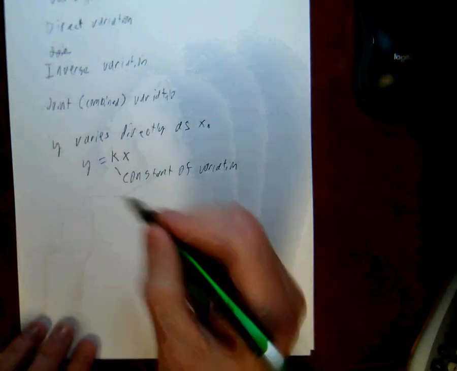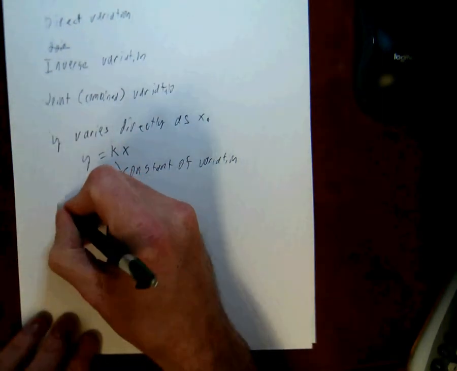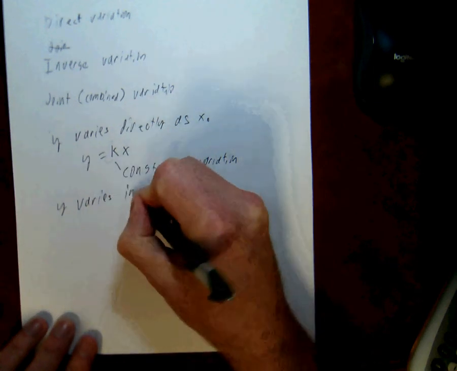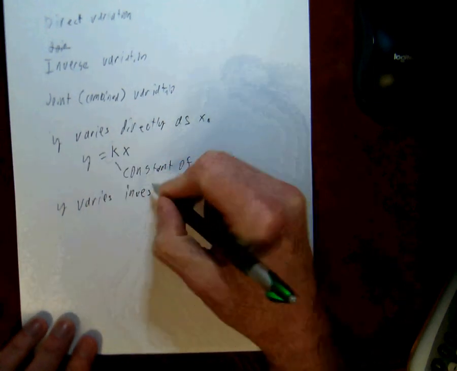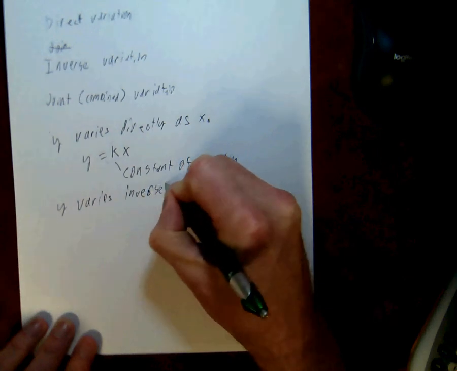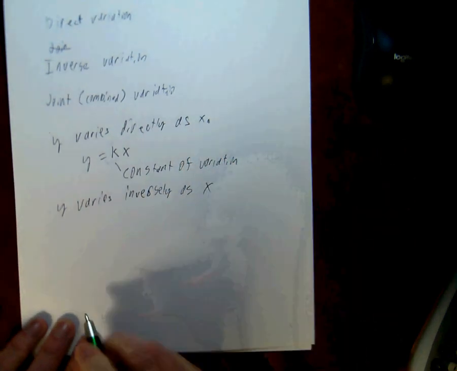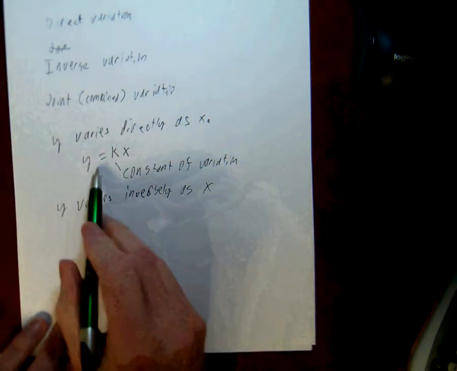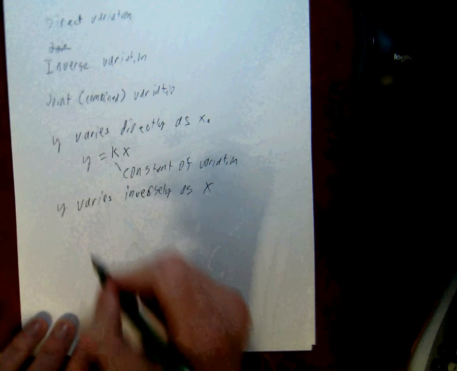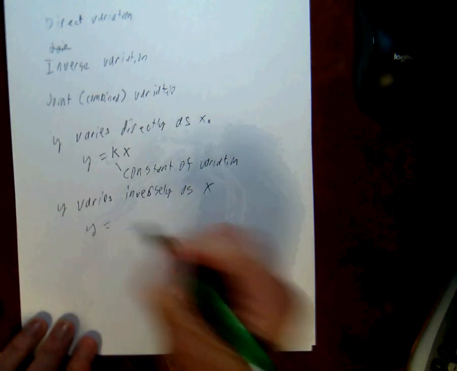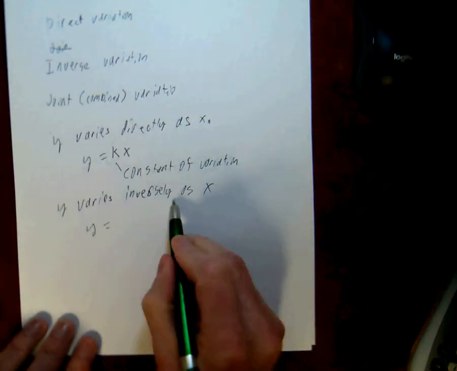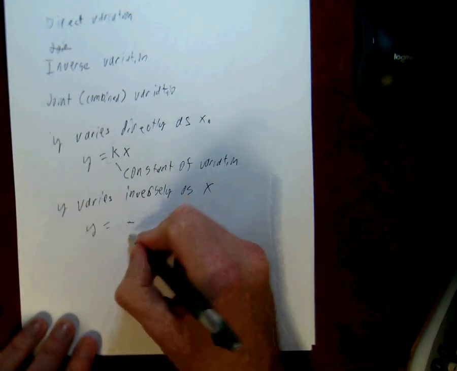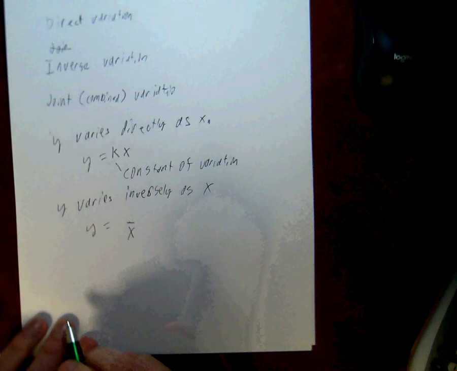The other phrases are, I could say y varies inversely as x. And if you're doing y varies inversely, well, varies is still a fancy equal sign, so we write down y equals, but if it says inversely, that means that's going to create a fraction, and so I want you to put the x on the bottom.